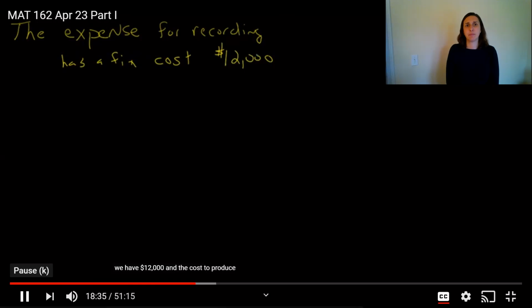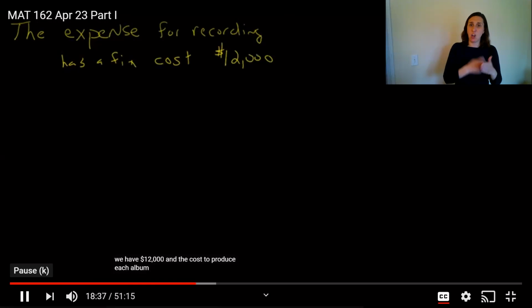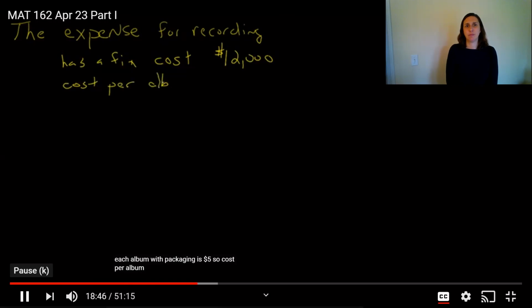And the cost to produce each album with packaging is $5. So cost per album is $5.